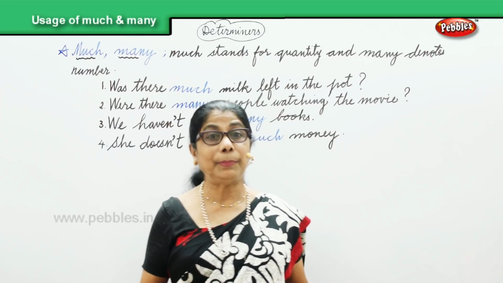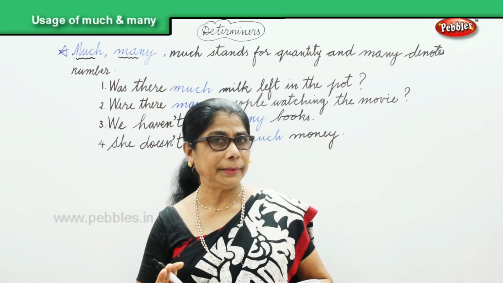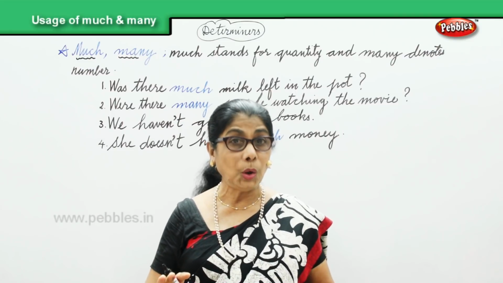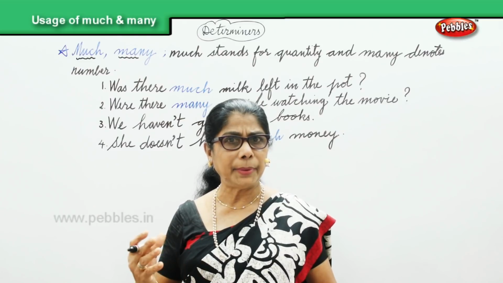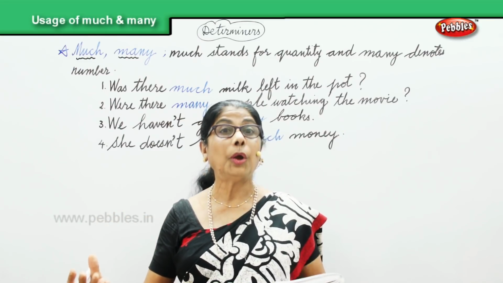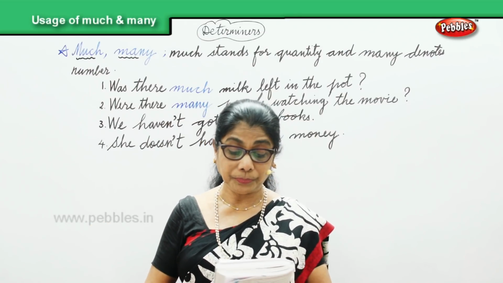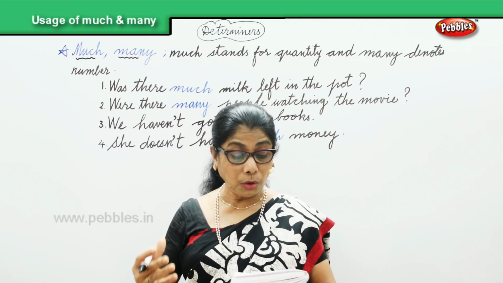A great many people gathered at the conference. A good many, that means not very large. A good many people were present at the function. A great number, a big number, a great number of people were present at the function. Plenty of, a lot of, lots of.